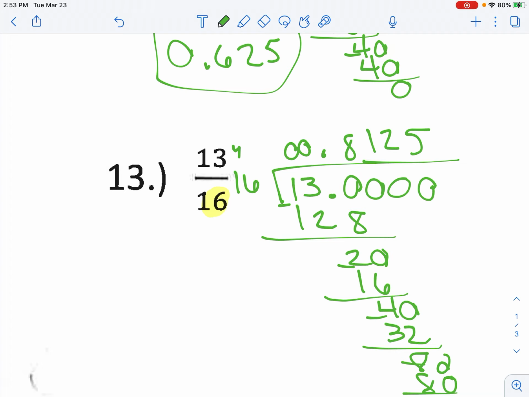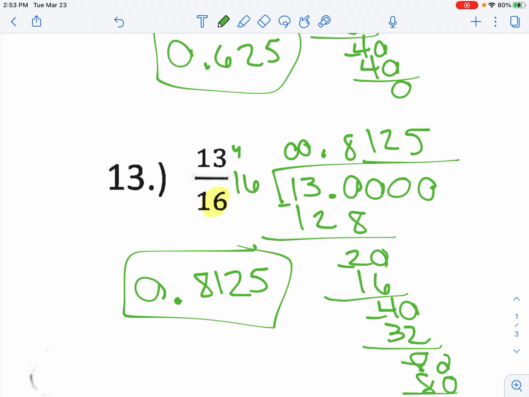This one's going to come out to a 0 remainder. So 13/16 is equal to 0 and 8,125 10,000ths.